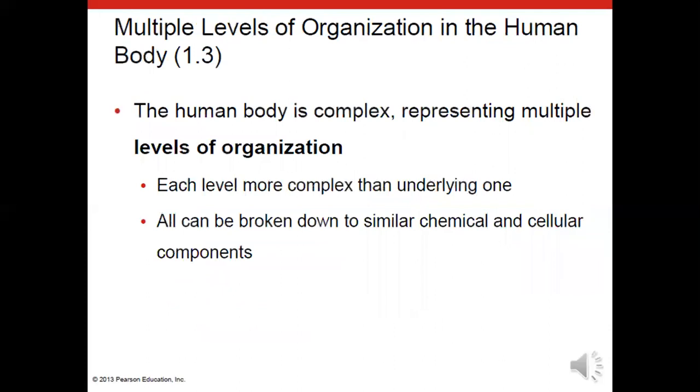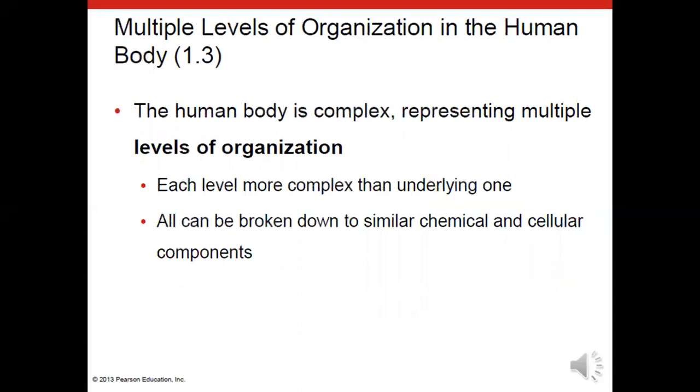The body is extremely complex. All of those bones that we just talked about, and the muscle in your arm, and the joint that was created by those bones, start at a very simple makeup and become more and more complex as you get closer and closer to the actual structures that we'll learn, like bones.